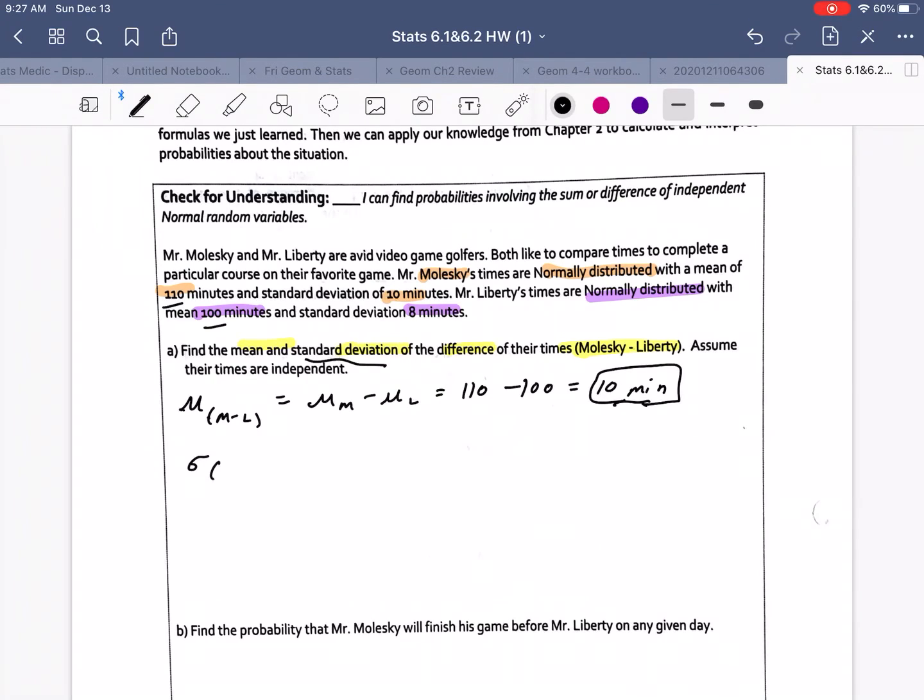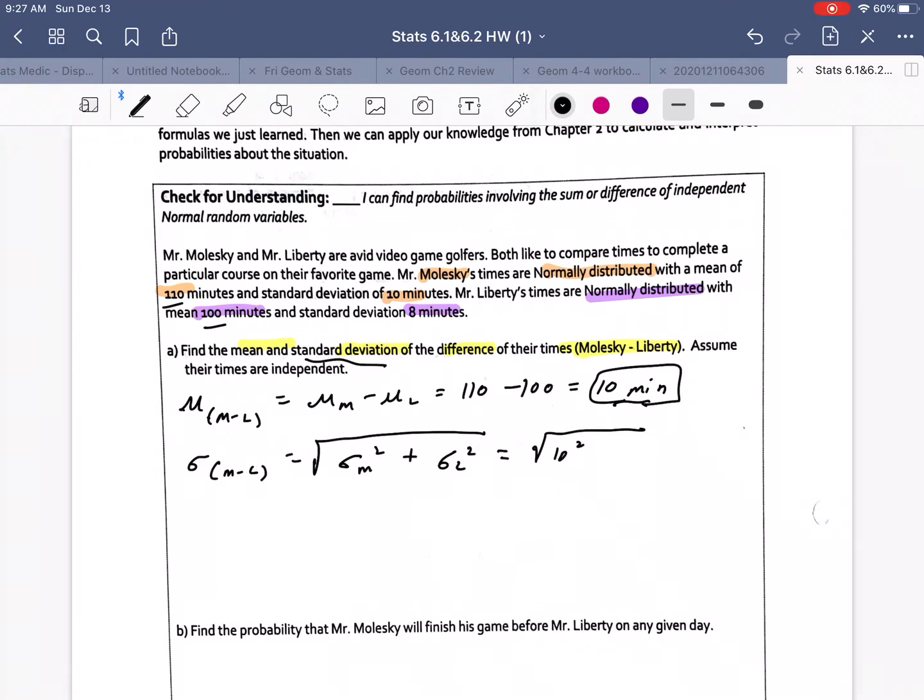And then find the standard deviation. They're not making me calculate. So for the standard deviation of Mosley minus Liberty, even though I'm subtracting, I have to find combined variances. So I'd have to take the square root of that, Mosley and Liberty.